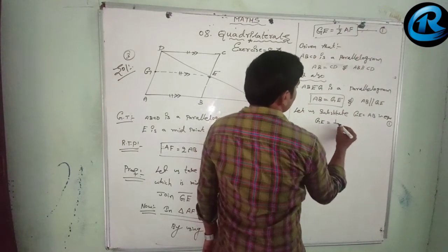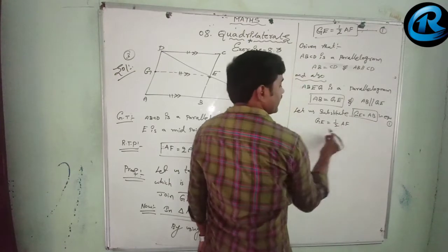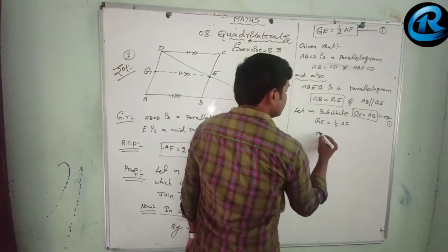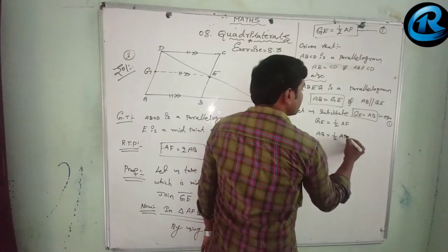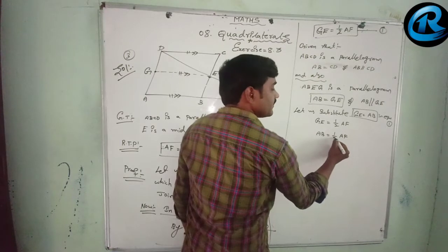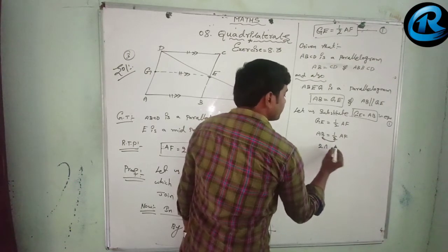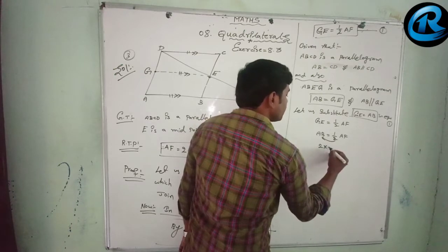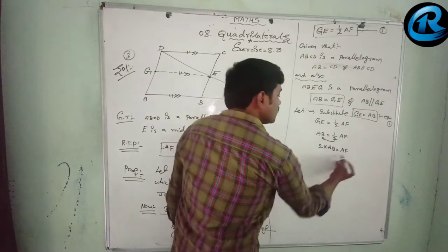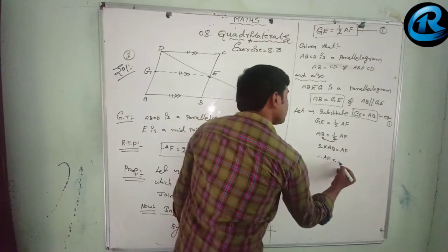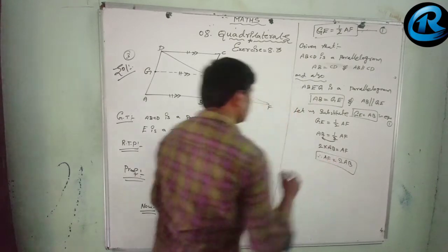GE equal to 1 by 2 AF, where GE equal to substitute AB. AB equal to 1 by 2 into AF. This 2 is divided here. To transfer this side, that become multiplication. 2 into AB, that is 2AB. 2 into AB equal to AF. Therefore, the AF equal to 2 into AB is 2AB.